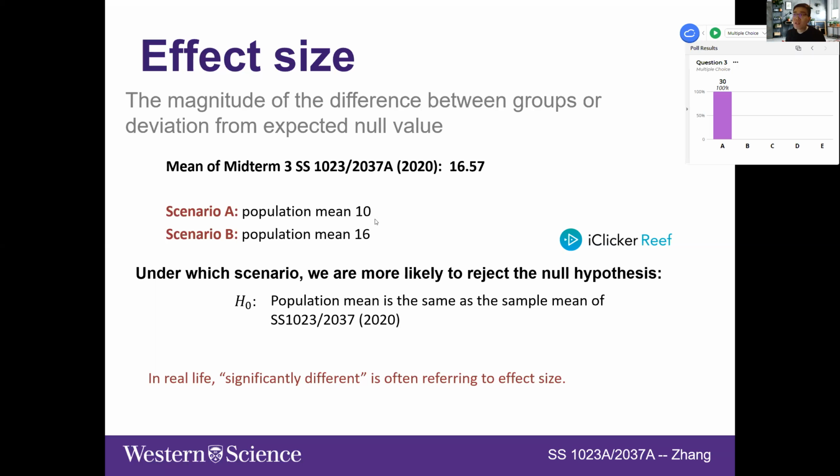We are not just talking about the difference of these two, but about whether, after considering our null hypothesis, the standard deviation and the mean of the sampling distribution, these two are still different. That's the different message from the statistics point of view. Any questions so far about the effect size?